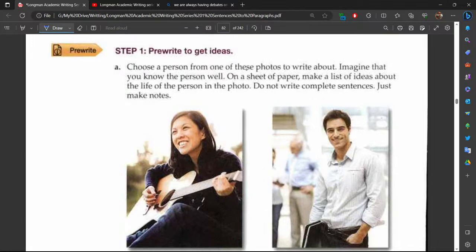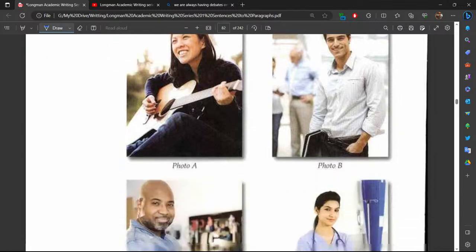Choose a person from one of these photos to write about. Imagine that you know the person well. On a sheet of paper, make a list of ideas about the life of the person in the photo. Do not write complete sentences, just make notes.